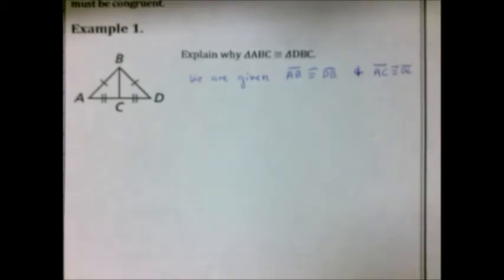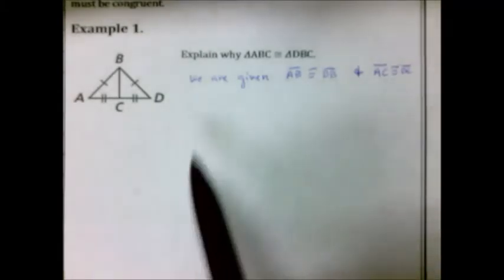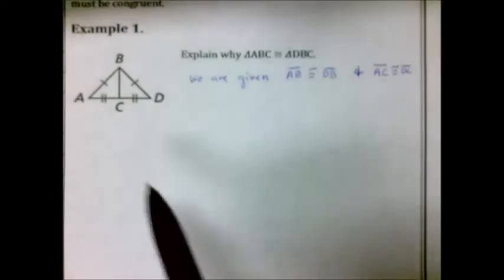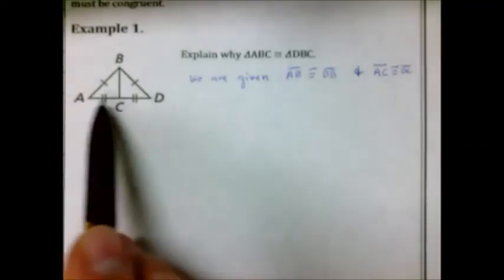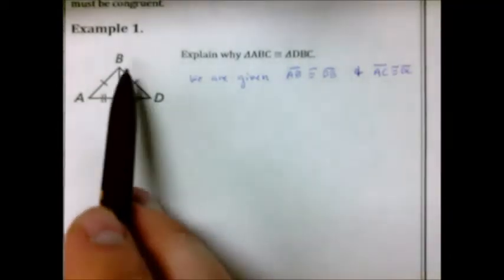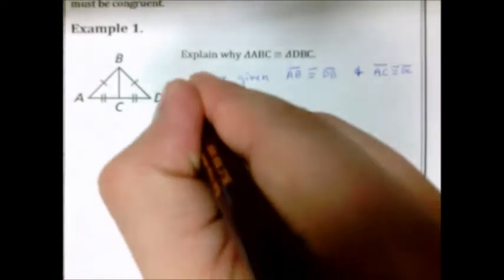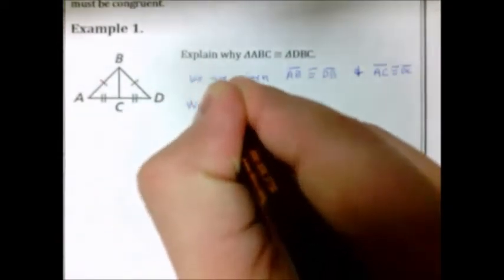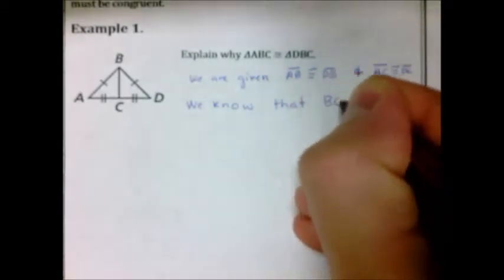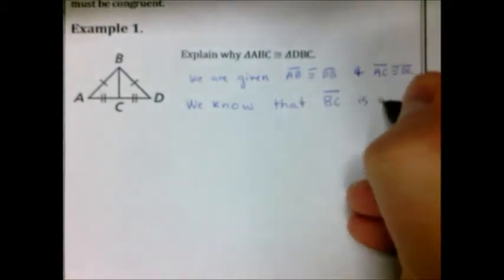All right. Now that we've laid out what we're given, we need to apply something that would help us solve this. Okay. So remember, we've been talking about side-side-side congruency and side-angle-side congruency, and we can't really prove that these two angles A and D are going to be congruent, but we do know that BC is the same line. So we know that line BC is a shared line.